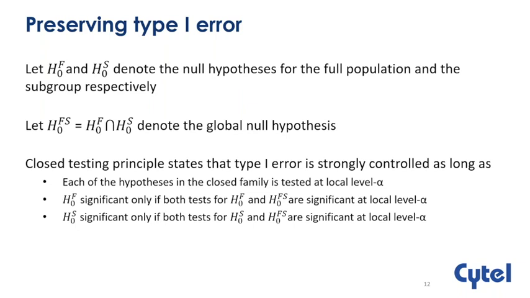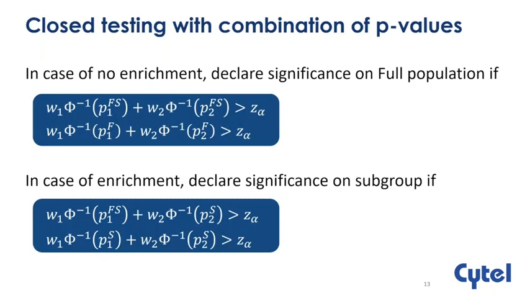Now, the way that we guarantee that type 1 error is preserved with closed testing is by combining the p-values. This is an approach that we also saw in the MAMS module with the p-value combination approach.